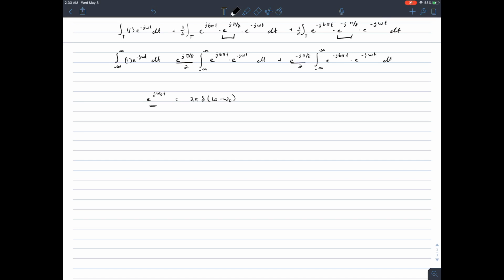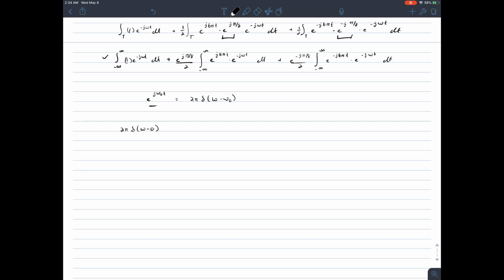Okay? So the first one right here is automatically going to change into 2 pi delta of omega minus 0, which is just going to be omega, but just so you can see.